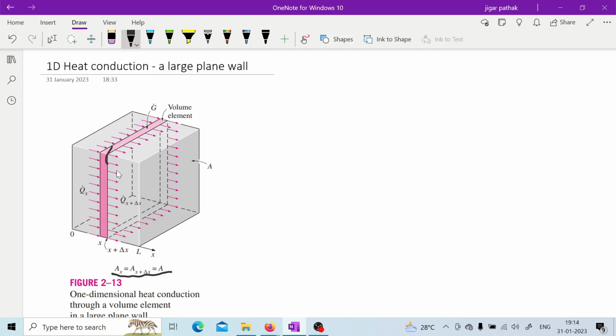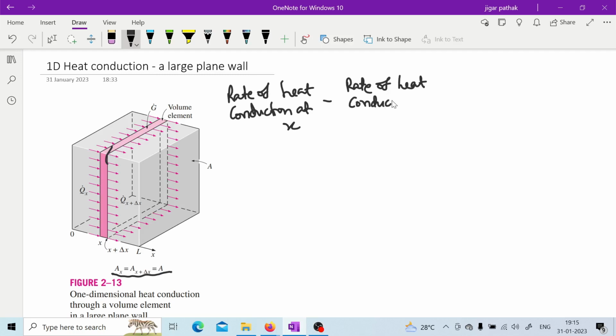If we write the heat conduction equation for this element, it is the rate of heat conduction at x, minus the rate of heat conduction at x plus delta x, plus the rate of heat generation inside the element.